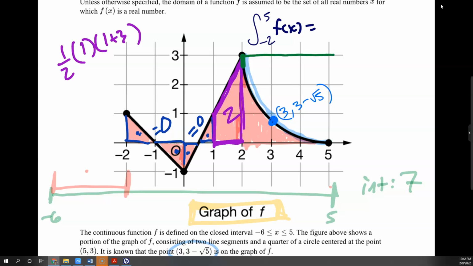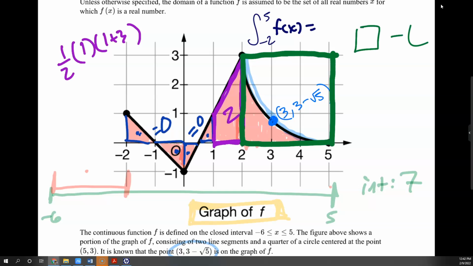All right. Now, how am I going to find, this is a big brain moment, my friends, how am I going to find that little shady part? You do the whole box, and then you do box minus 1/4 of a circle. And will that give me the leftovers? Great, let's go. The box looks like a 3 by 3, so the box is 9.